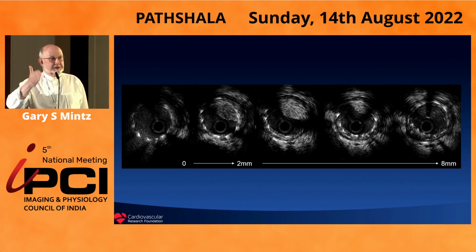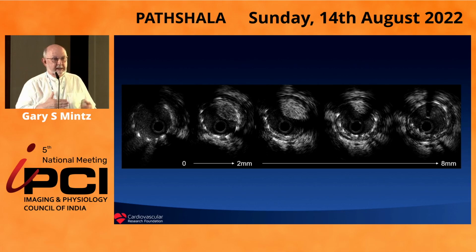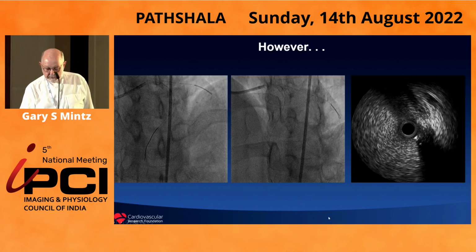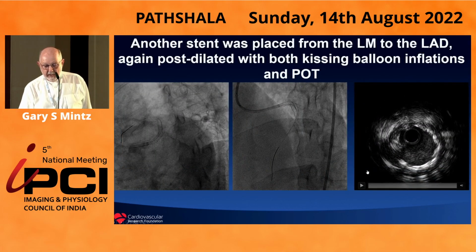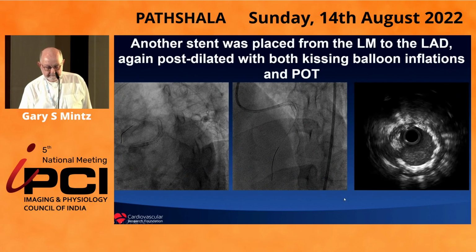So it's an intra-stent dissection with an intra-neointimal hematoma. And that just shows you that the intima is not necessarily permanently plastered against the stent, and you can disrupt it just like you cause a dissection in a non-stented artery. So this was treated with another stent, and again, another pot, and a good result.